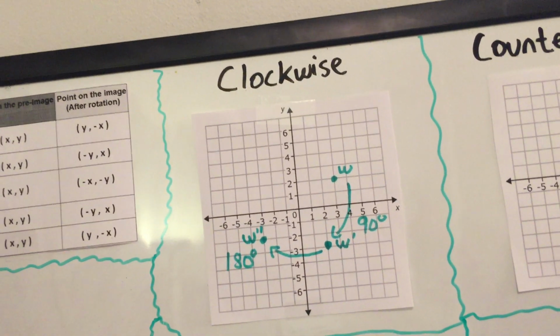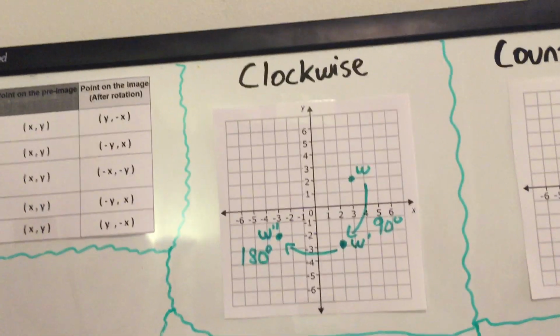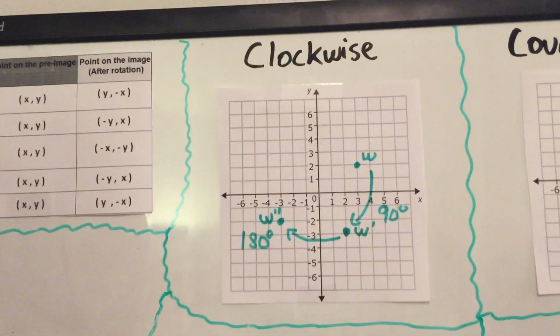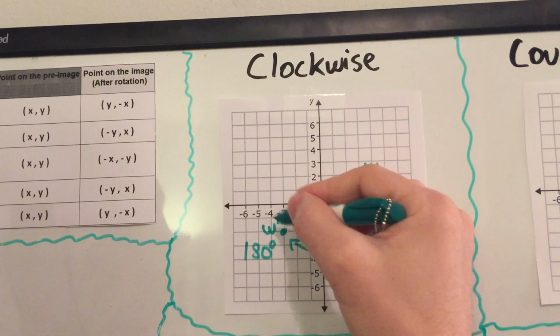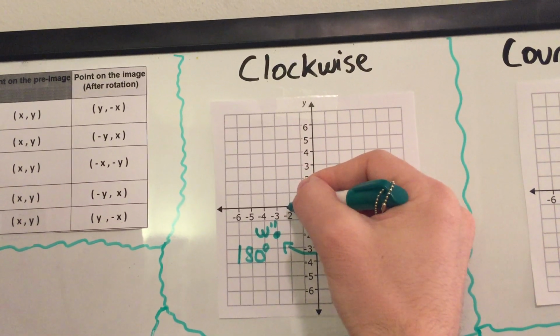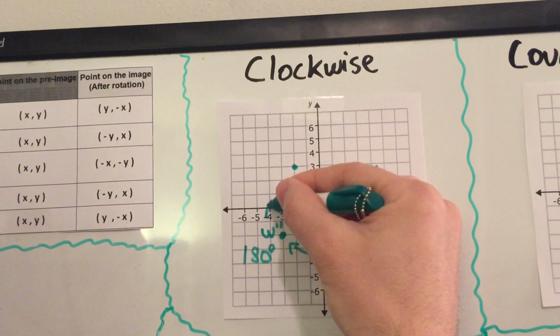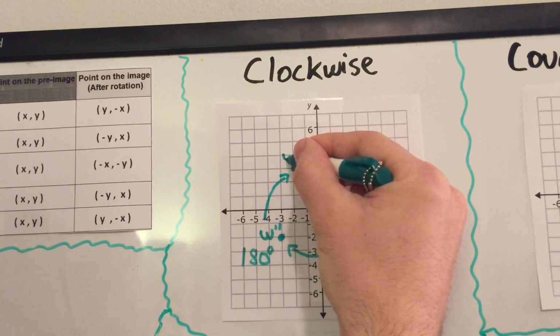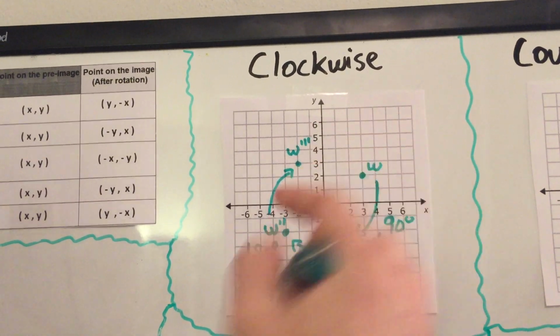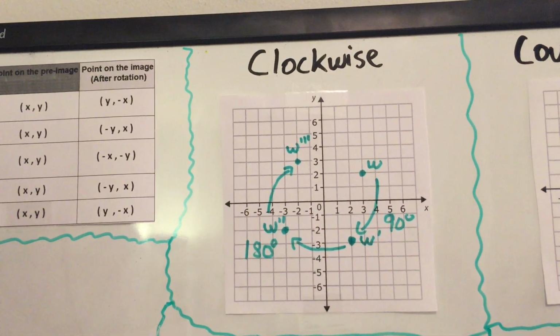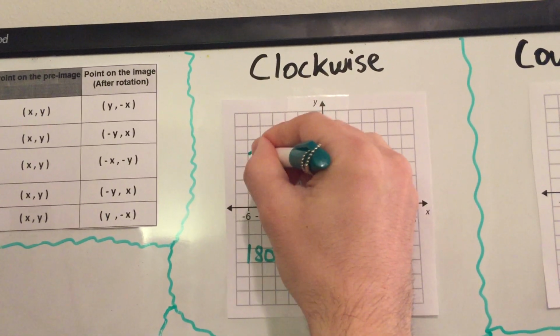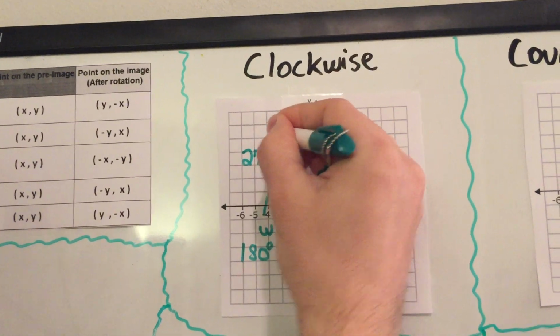It's a newer image, our second new image, and I don't want to say that this is the same as that one. And then if I want to move it 270 degrees, it's going to move to right here, and we'll have W, but this time I'll put 3 prime, so it's different from this one and this one. And this would be 270 degrees.